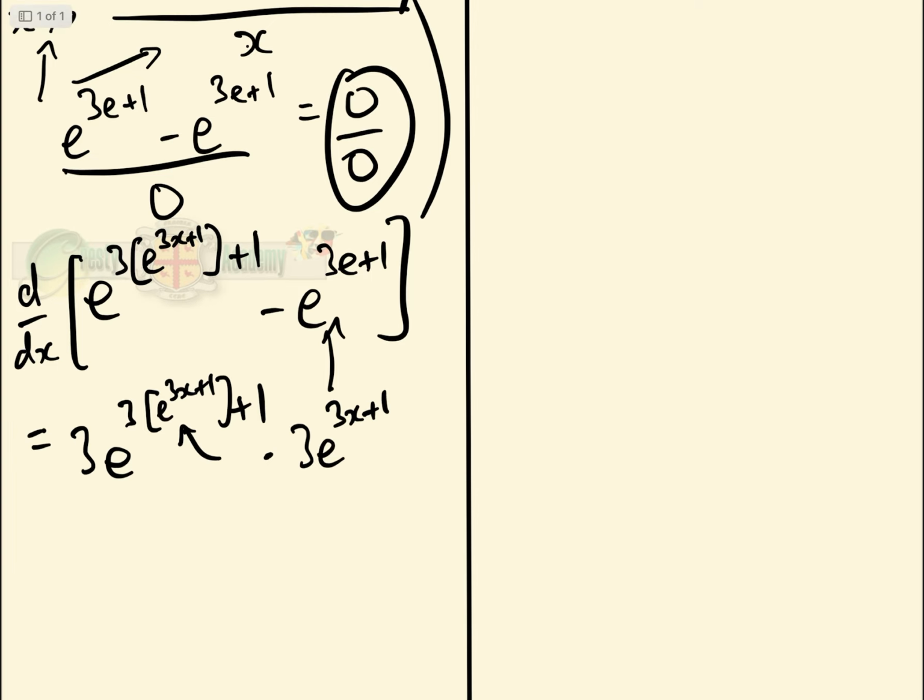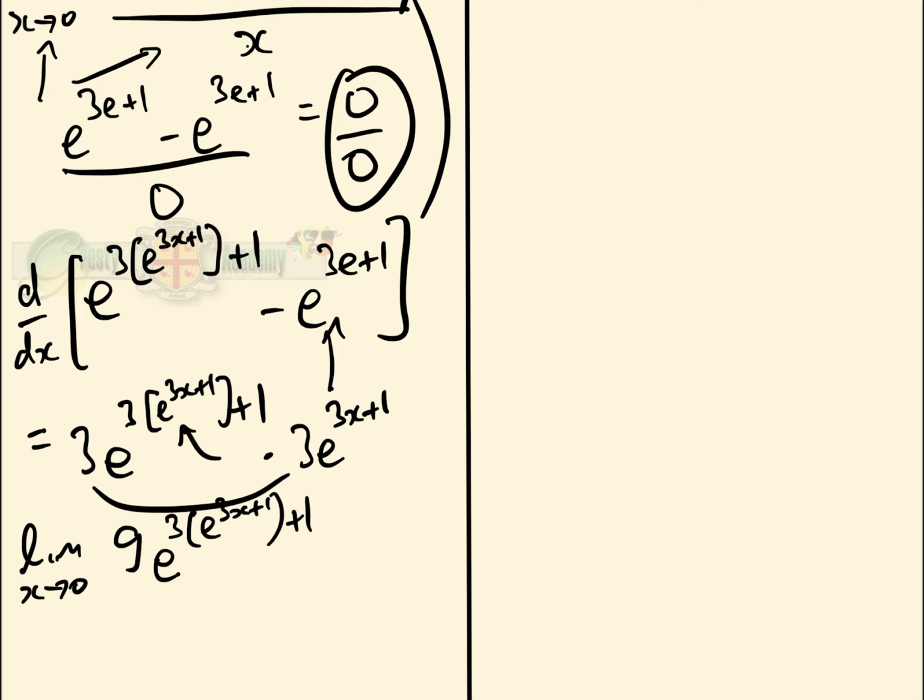So therefore our limit becomes, as x approaches 0, obviously the limit of the bottom is 1, the limit of, well, 3 times 3 is 9, e to the 3x plus 1 plus 1 times e to the 3x plus 1 over 1.